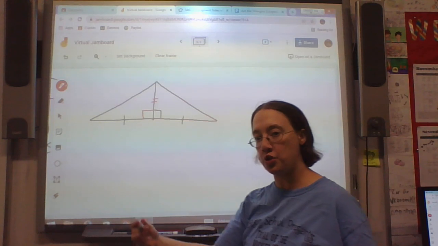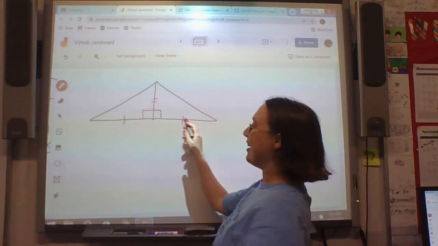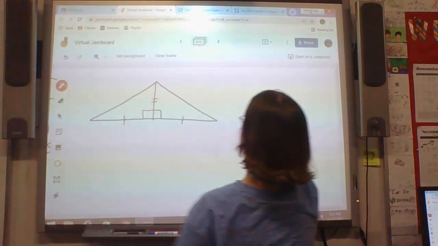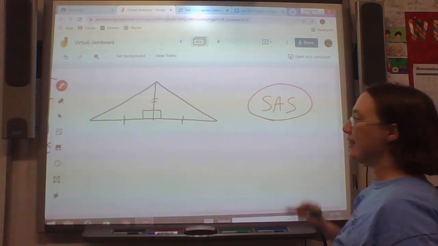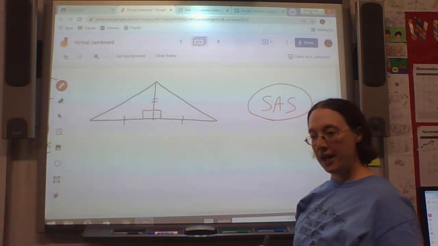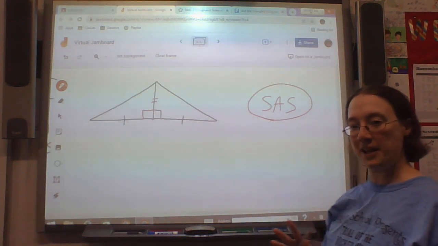So even if it's not drawn in there, we have that angle, which makes this side angle side, even if we didn't have some of that right away. So if we have it right away, or if it's something that we can get to with just what we have, then we can use it.